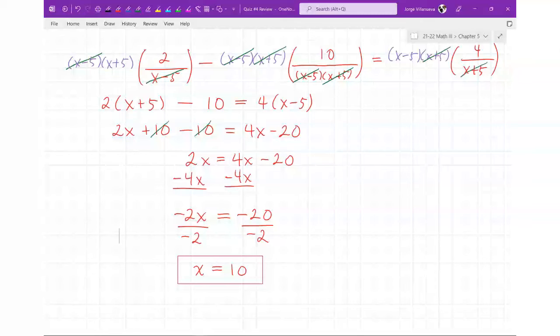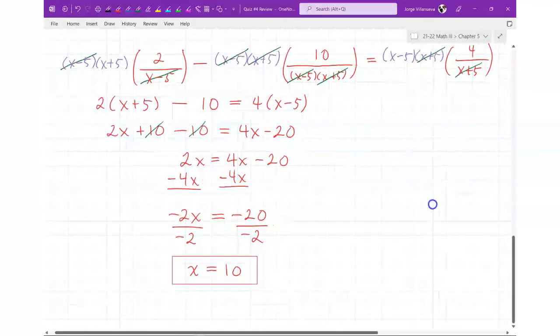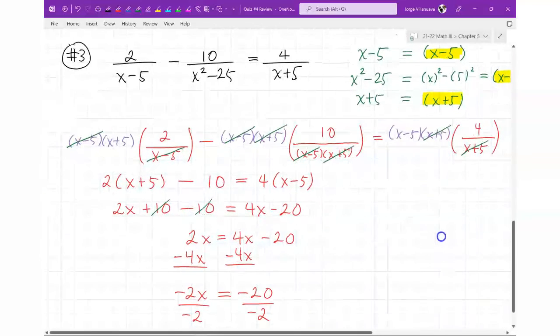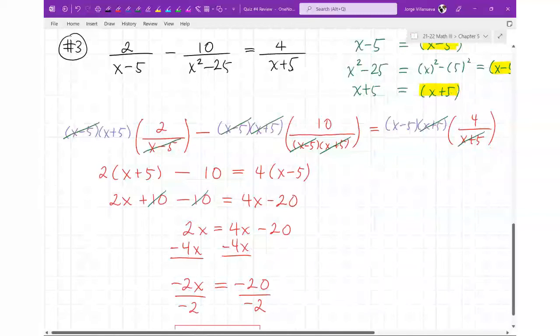Okay, but there is this portion up here, right, where you're going to have to look and say, okay, can I factor this, or is it good the way it is? And if you can factor it, then great, factor it. But if you can't, leave it alone. Then you choose your LCD. Once you do that, the rest of it is identical. All the stuff in purple, just multiply everything by the LCD, cancel out, and solve.